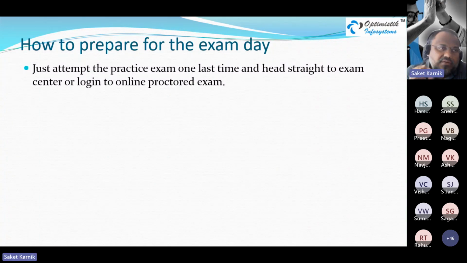Make sure you score good in that. Your try should be to score 100%, meaning 1000 out of 1000 in the practice exam. That automatically boosts your morale so that you can head straight to the exam center, or log into the proctored exam online, with a fresh and positive mindset, right?